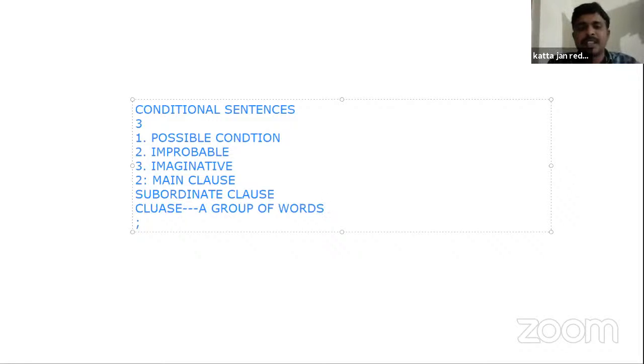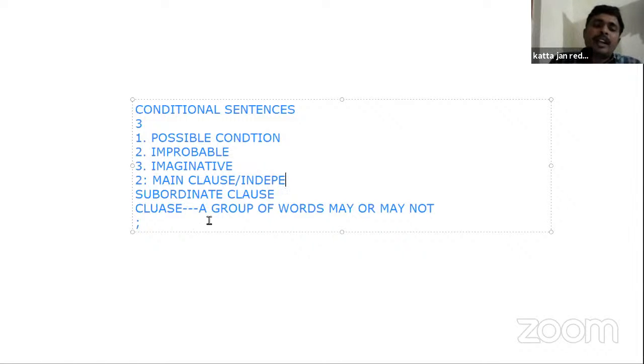A group of words. Clause means a group of words which may or may not give complete meaning. The clause which gives the complete meaning is known as the main clause, or it is known as the independent clause.